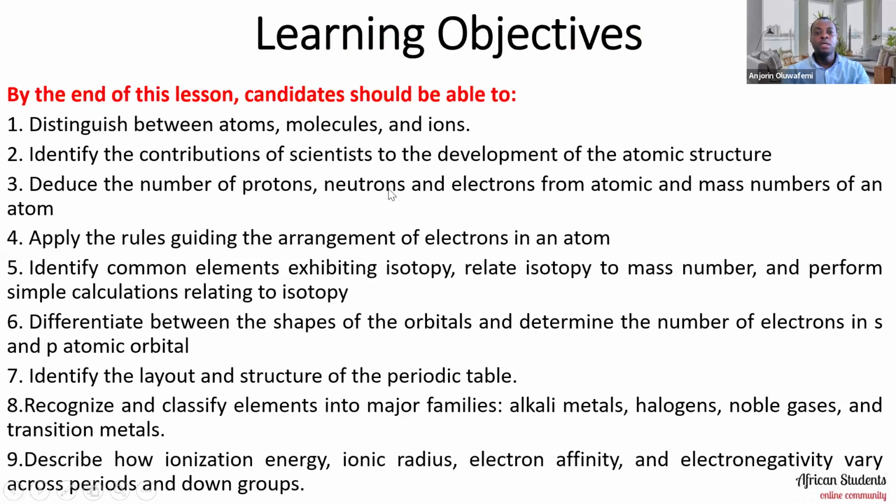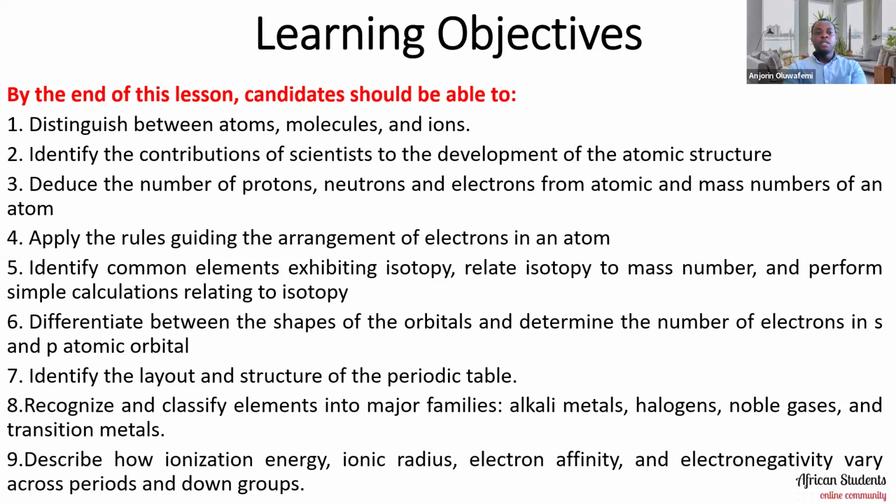By the end of this lesson, it is expected that you should be able to distinguish between atoms, molecules, and ions, identify the contributions of scientists to the development of atomic structure, deduce the number of protons, neutrons, and electrons from atomic and mass numbers of an atom, apply the rules guiding the arrangement of electrons in an atom, identify common elements exhibiting isotopy, relate isotopy to mass number, and perform simple calculations relating to isotopy.